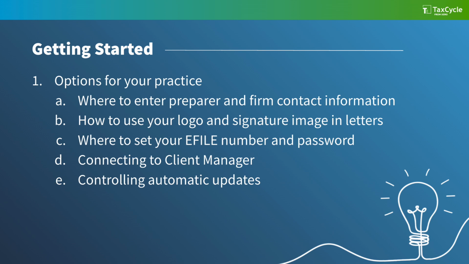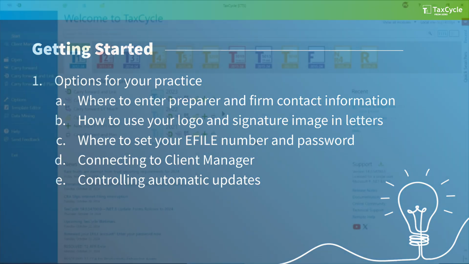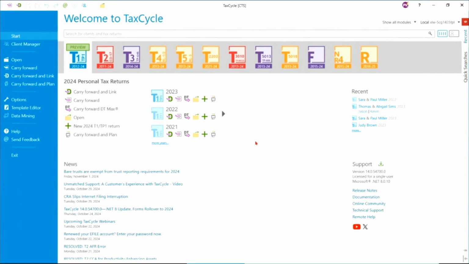Okay, so now we are in TaxCycle. To access your options, there are two ways. You can easily access options from the blue sidebar here, or if you're like me, you can add the options menu to the quick access toolbar. So you would like to do that.